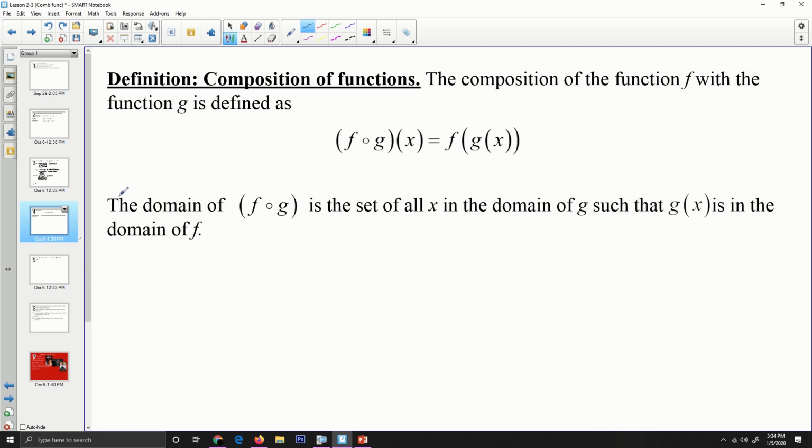The domain of f composed with g of x is the set of all x in the domain of g such that g of x is in the domain of f. So basically what I'm doing is plugging in all of the domain that is in g into the function, and then everything that comes out that is also in the domain of f is now in that domain.